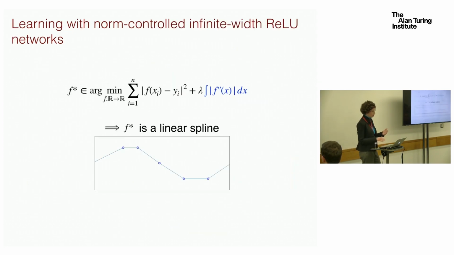Okay, so let me just show you a quick picture of this in 1D. If we wanted to fit these data points, then the function f star that is the best fit in terms of this regularization function is simply an interpolating linear spline.